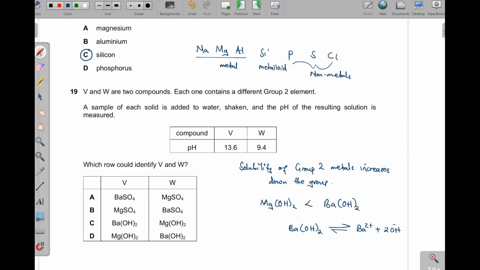So for that case, I'm going to take V for barium hydroxide. The pH is too high, so I will take this as my answer. Then magnesium hydroxide with the lower solubility, we are going to have very few OH ions in solution. So the more OH ions you have in solution, the higher is the pH.